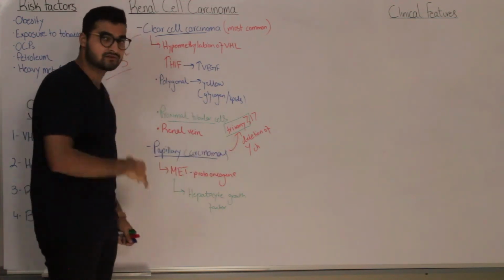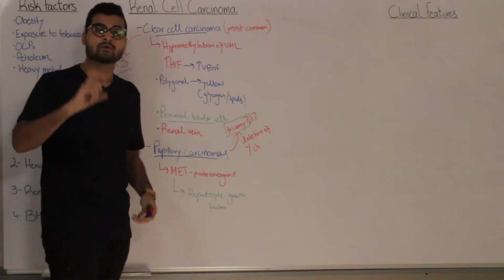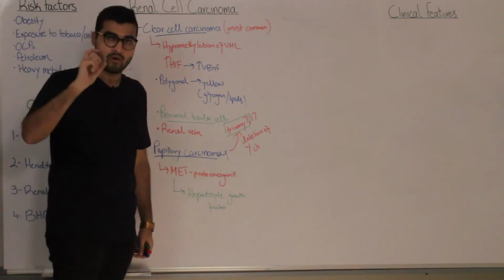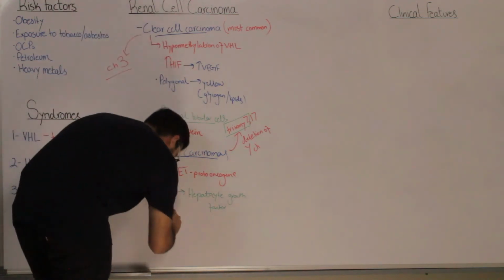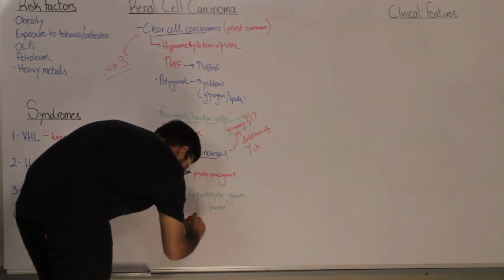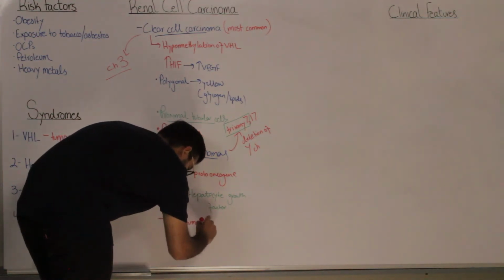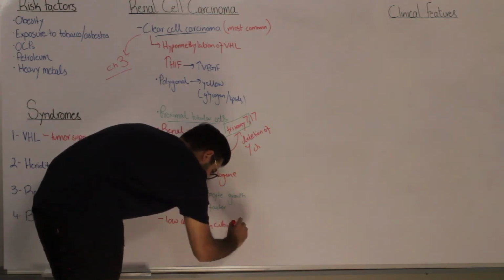Now in papillary carcinomas, what would you see? You will see papillary structures. Now the cells could either be low columnar or cuboidal in shape. So let me mention that. They will either be low columnar or cuboidal in shape, right?